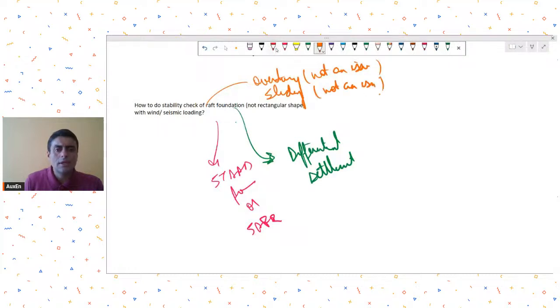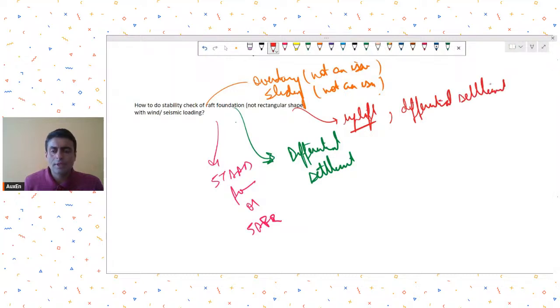What are the issues then? Uplift, you should check. Uplift means localized portions in the raft where there is loss of contact with soil. You should also check for differential settlement. For differential settlement, there is a table in IS 1904 which you should see, and ensure that the differential settlement in the raft is not beyond that limit.